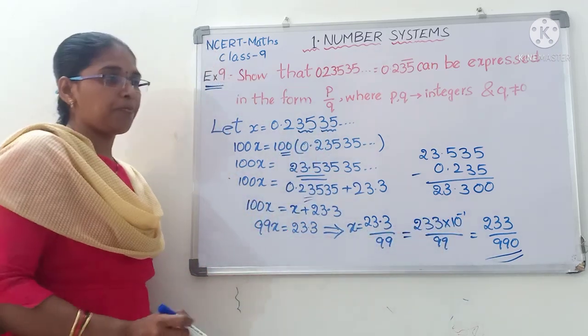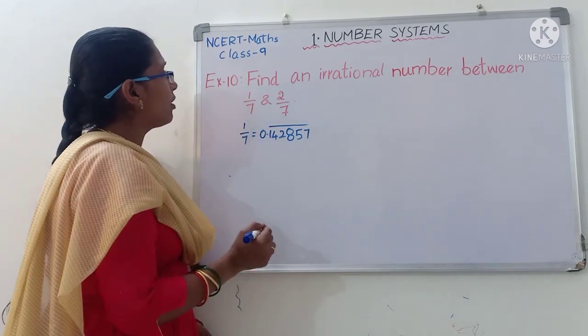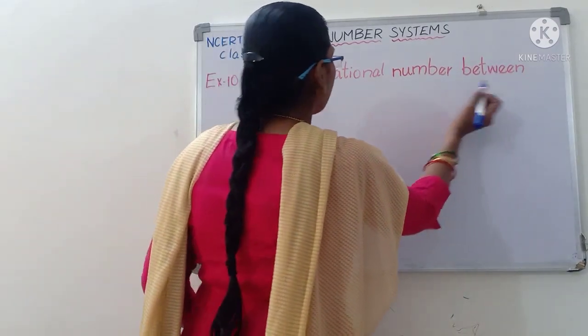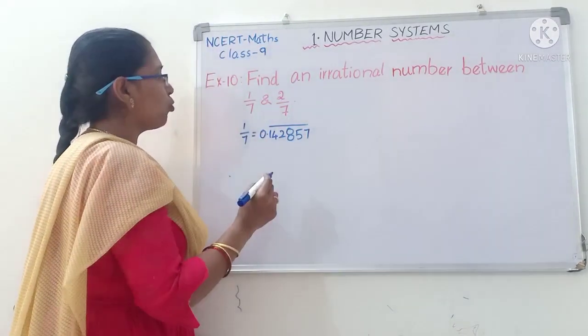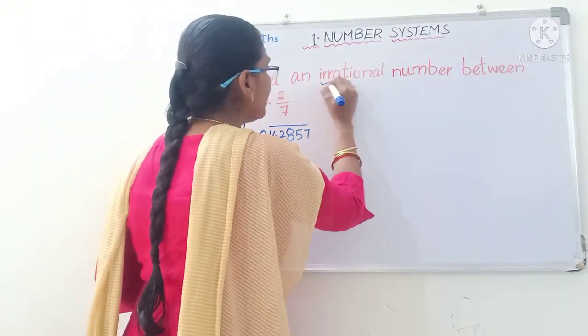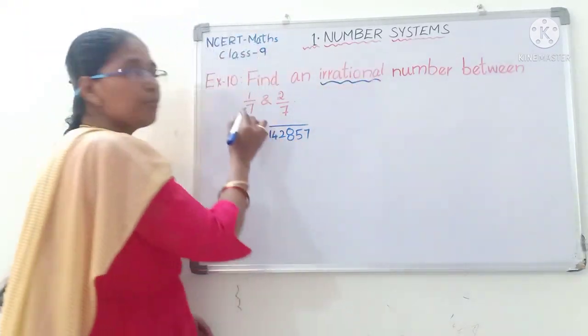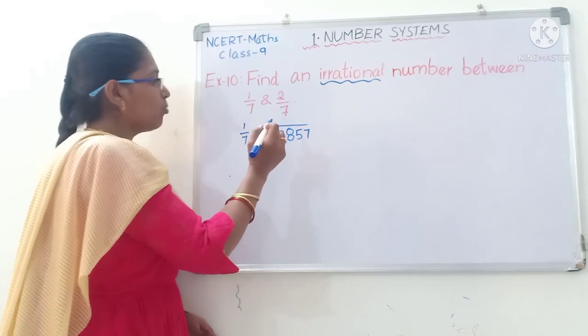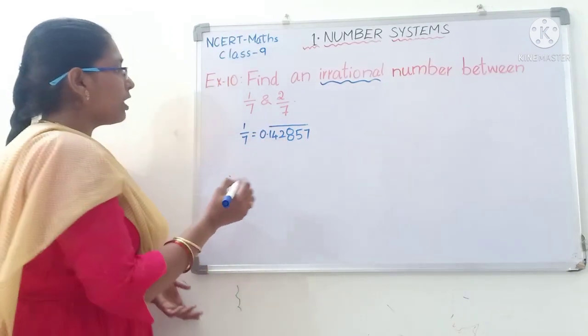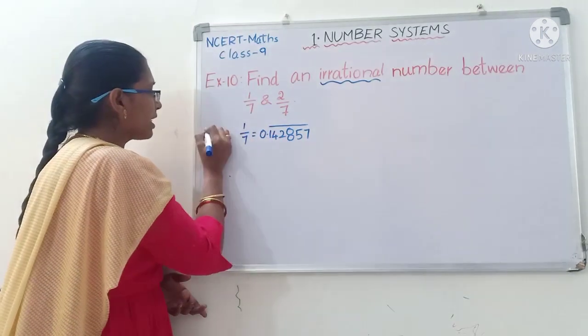Now children, example 10, children. Find an irrational number between 1 by 7 and 2 by 7. What they are asking to find? Irrational number between 1 by 7 and 2 by 7. Children, we already solved 1 by 7 in example 5.